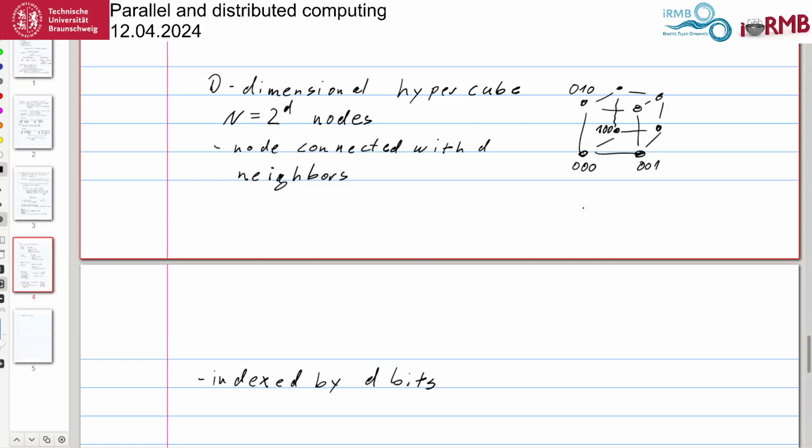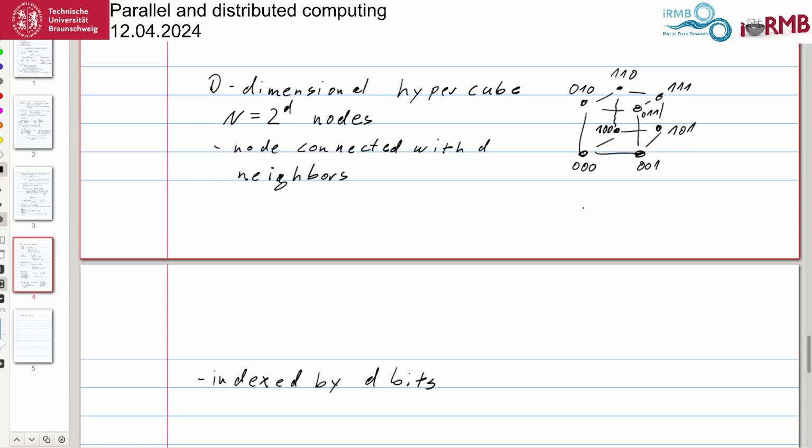Then in this case, this will become 1, 0, 1. This will be 0, 1, 1. This will be 1, 1, 1. And the missing one is 1, 1, 0. I hope I did this correctly. So these are the addresses of the nodes in the cube.